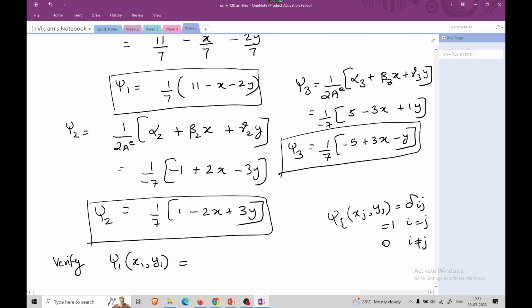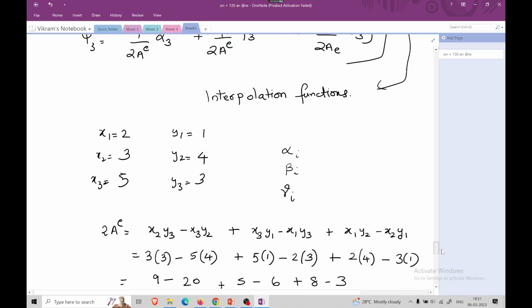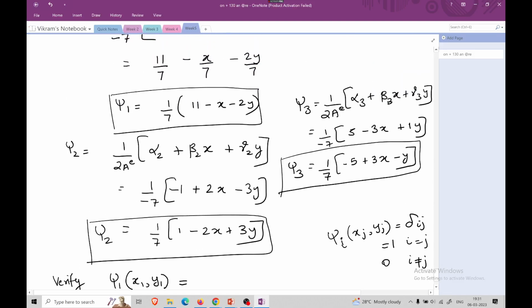So if you put x1 y1, let us see whether you are getting 1. What is x1? 2 comma 1. So put 2 and 1. So 1 by 7 into 11 minus 2 minus 2. So 11 minus 4 is 7, 7 by 7 is 1. The rest, if you put, you should get 0.